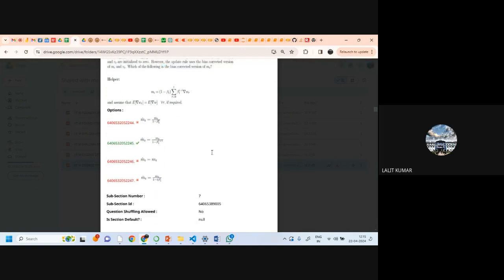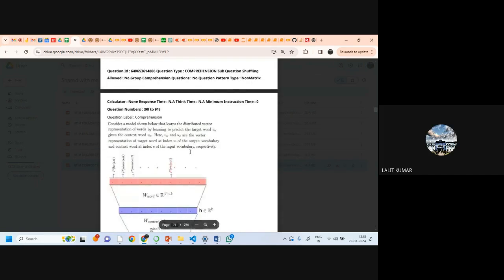Option B which is in green. 1 divided by 1 plus beta to the power t plus 1 है ना? वो कैसे हो सकता है at time step t? चलो इसको पूछ लेते हैं discourse पे.